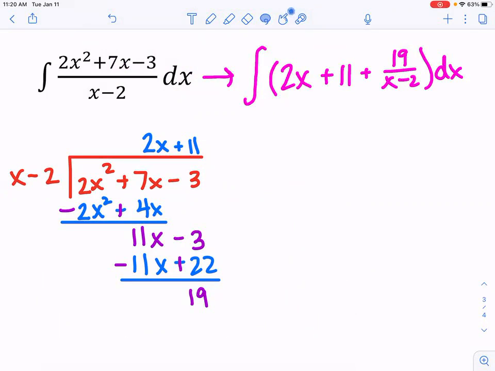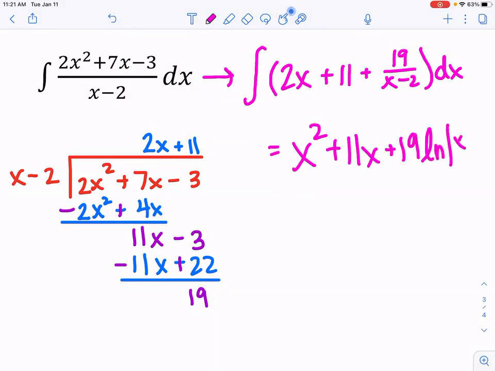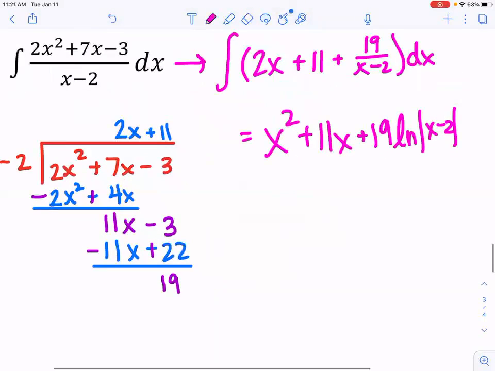And now we have a much nicer antiderivative to complete. The antiderivative of 2x is x squared, 11 is 11x, and 19 over x minus 2 is 19 natural log of the absolute value of x minus 2.